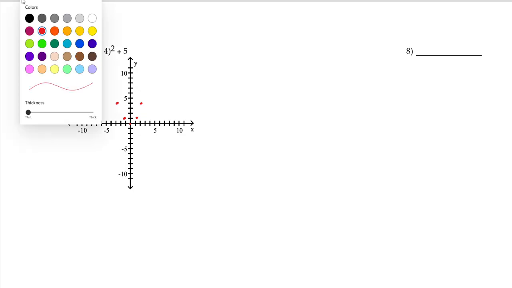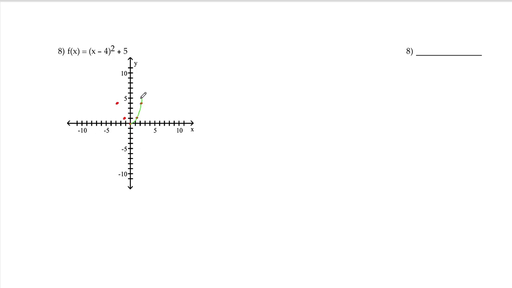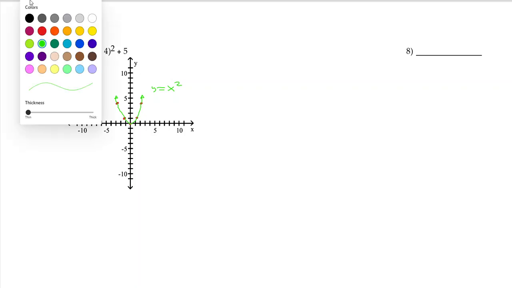right? And well, the graph is more or less like this, right? It's a parabola. So this is the function y equals x squared, the basic function. Now there are two transformations here.